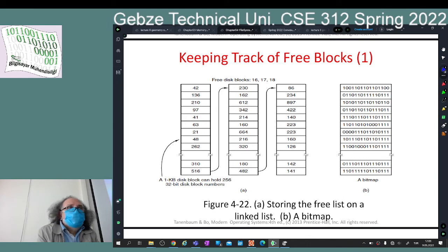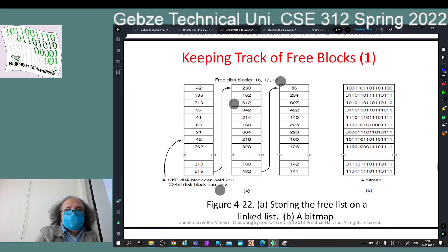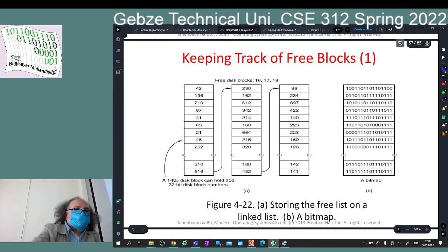You say that in my system I have a total of 1 million blocks, and these are the free ones. This is a bitmap solution, and this is, again, like we did many times before, the linked list solution. This one says that blocks number 42, 138, 210, 97 are all free blocks. So I have a free block list, linked list, or the bitmap.